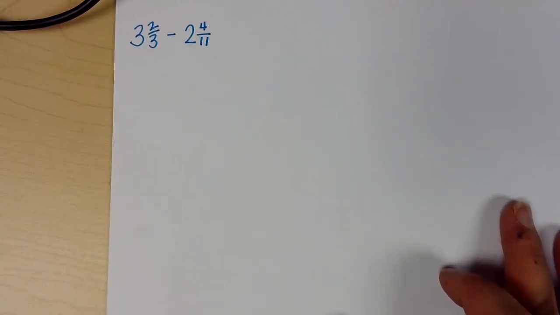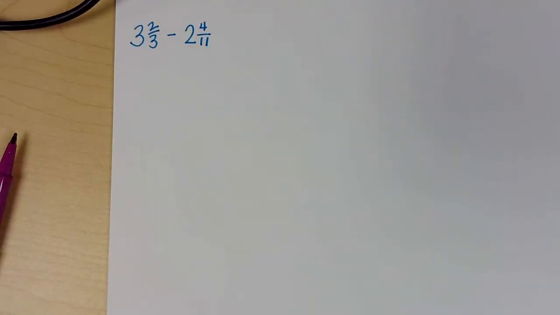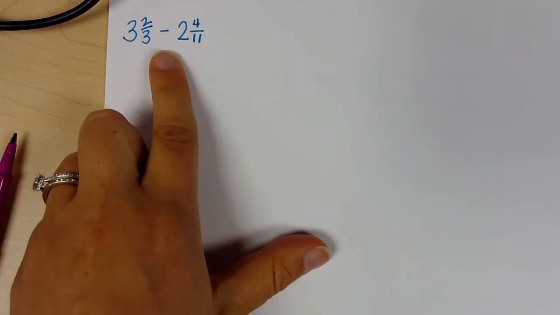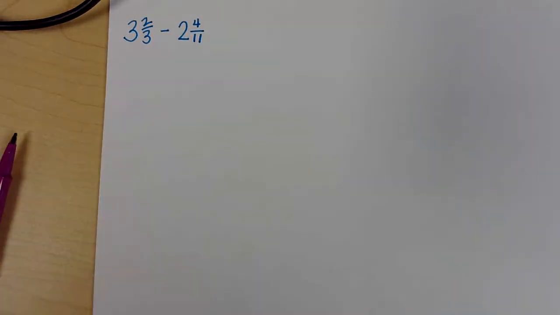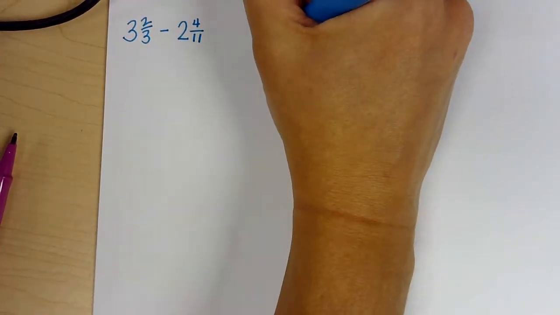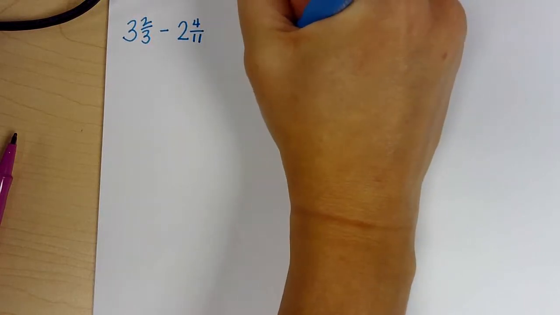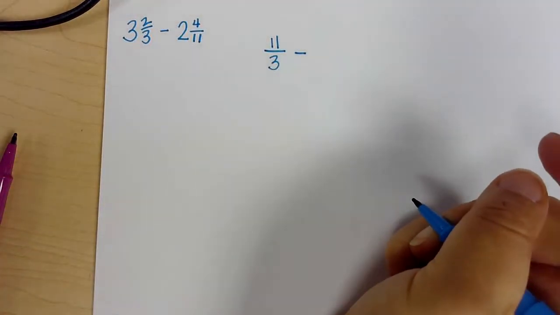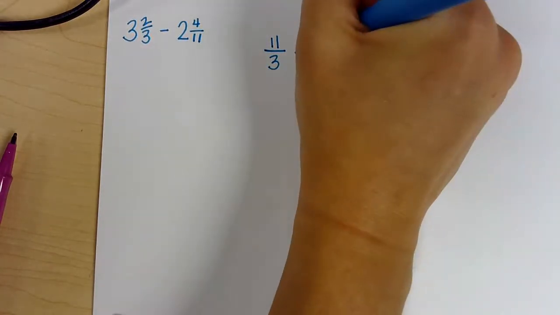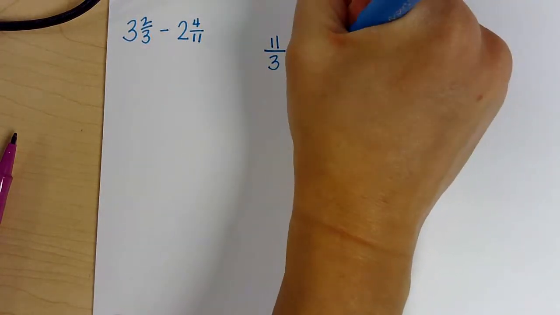We've got 3 and 2/3 minus 2 and 4/11. Again, these need to be turned into improper fractions. 3 times 3 is 9 plus 2 is 11/3, minus 2 times 11, which is 22, plus 4 is 26/11.